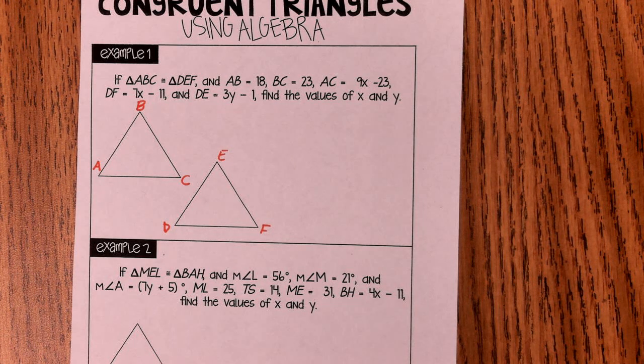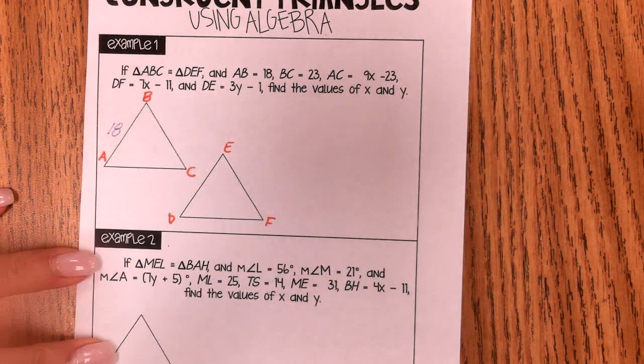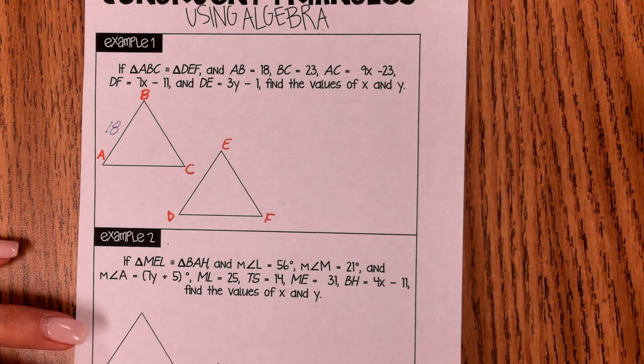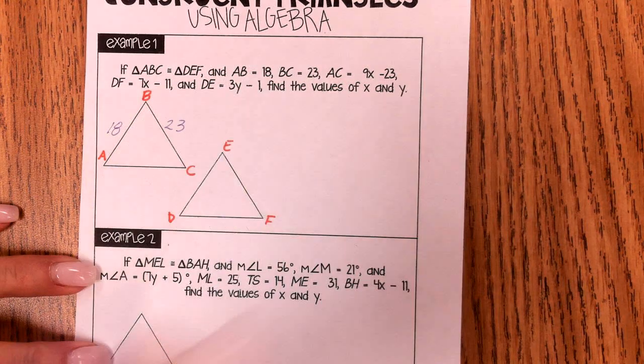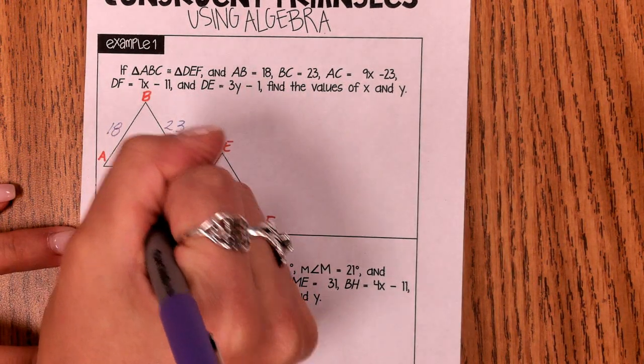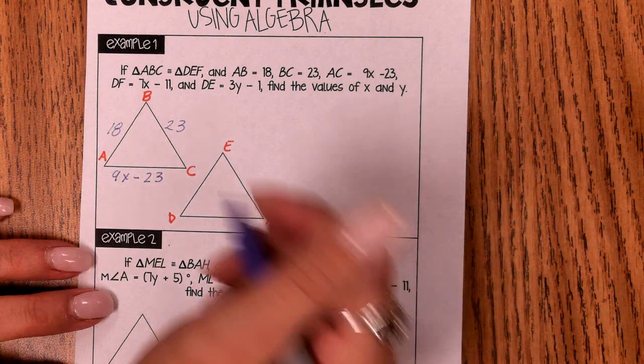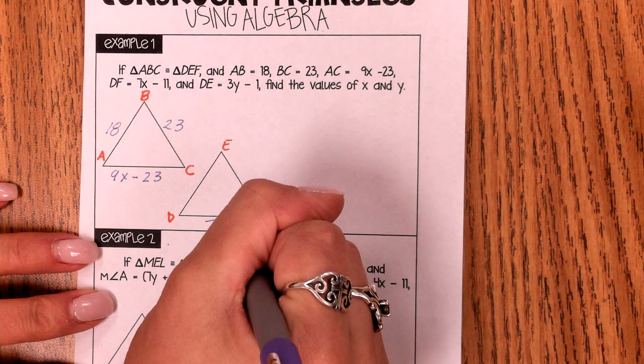So it says that line AB equals 18, so that would be AB. BC is 23, and AC is 9x minus 23. Next piece of information, DF equals 7x minus 11.